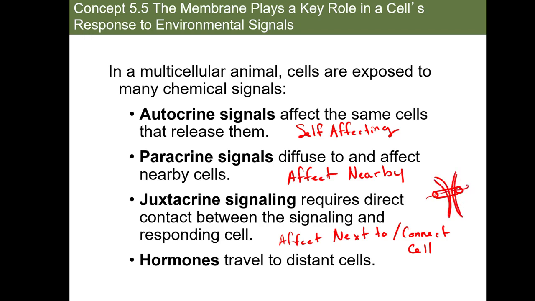The signals go through those, so they have to be right next to each other. Hormones travel to distant cells, so these go outside of the cell, through another cell into the bloodstream. So these hormones can signal distant cells.